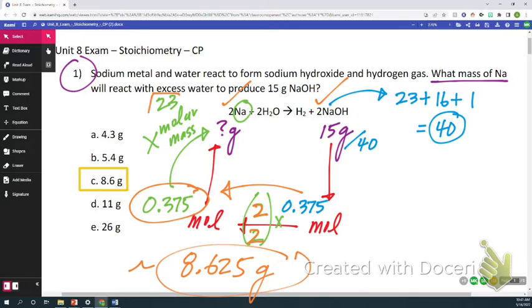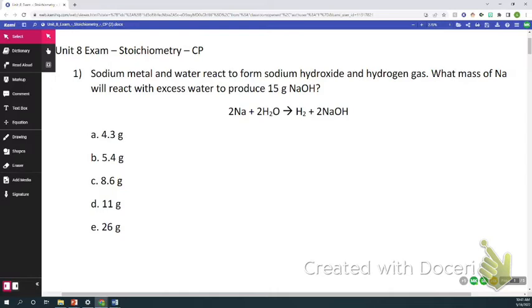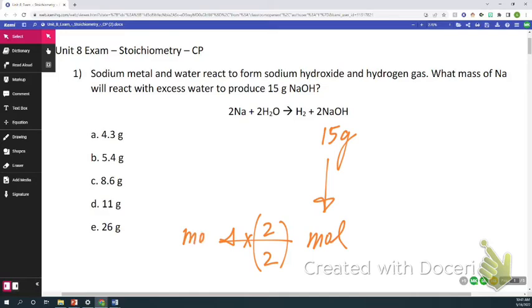So 15 grams, changed to moles, rode a 2 to 2 train to get moles of this, and then went back to grams. That's essentially the move.